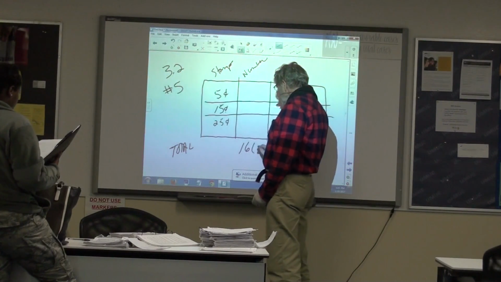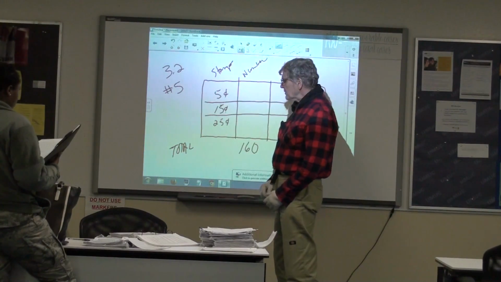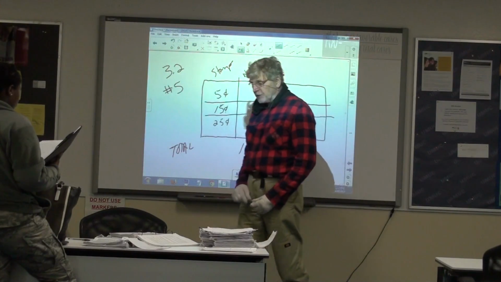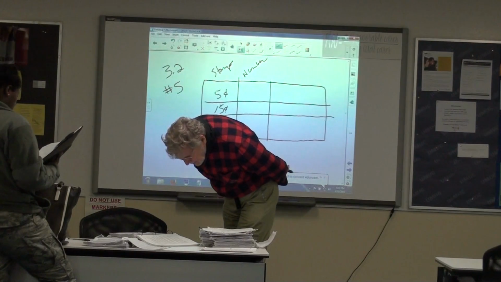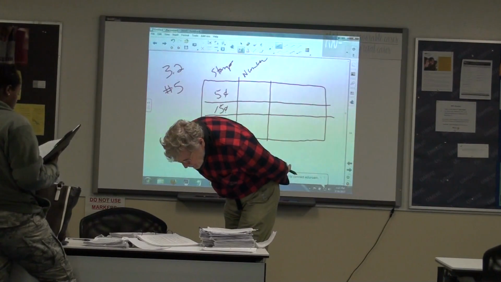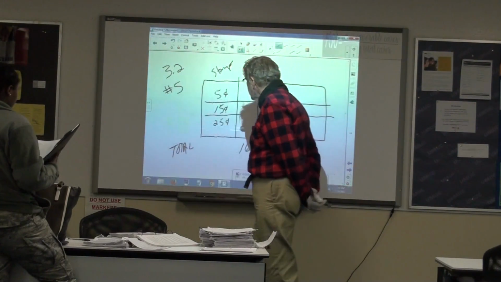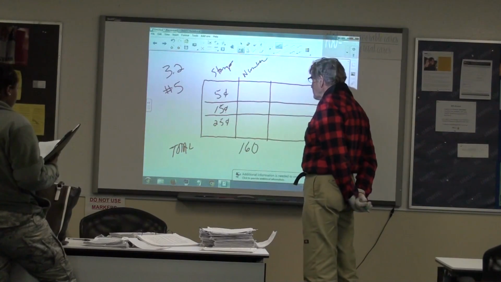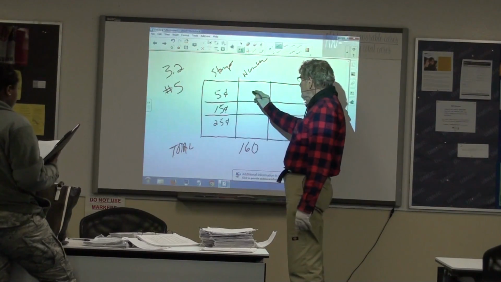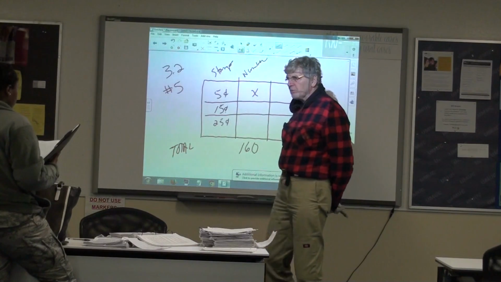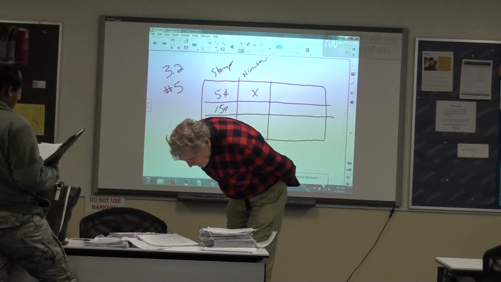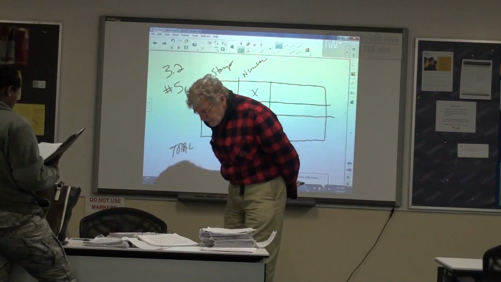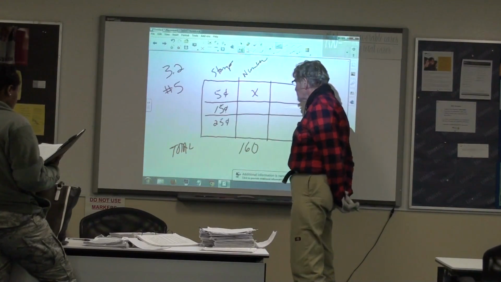160, okay. Now, generally, we let X equal what the problem is asking for. They're asking for how many stamps of each type were purchased, so we're free to let X stand for anything we want. Let's let X stand for the number of 5-cent stamps. Now, they tell us the 15-cent stamps were 3 times the number of 5-cent stamps.